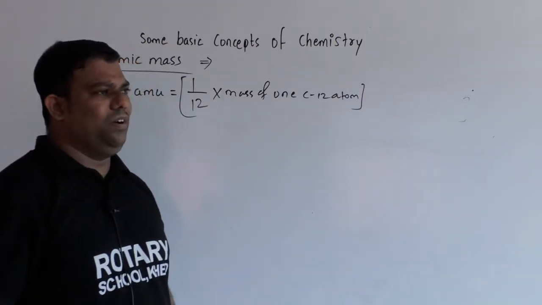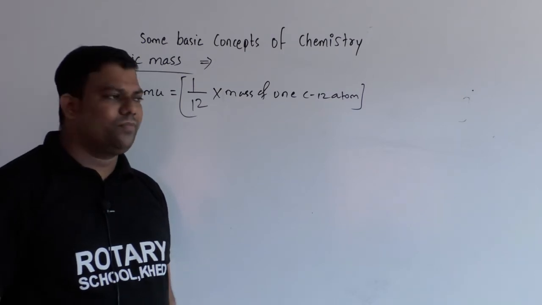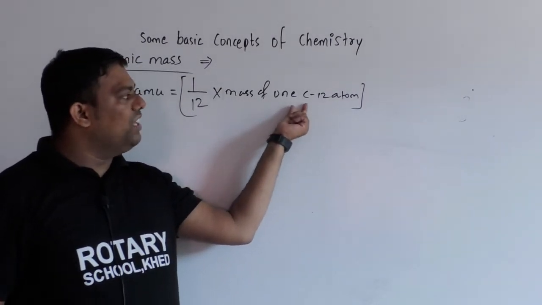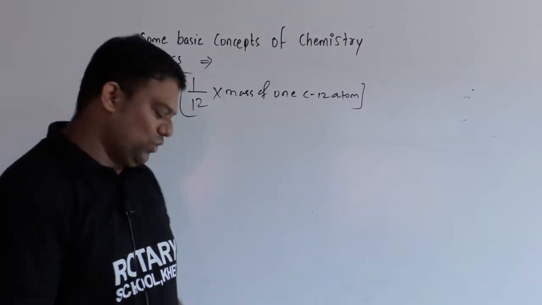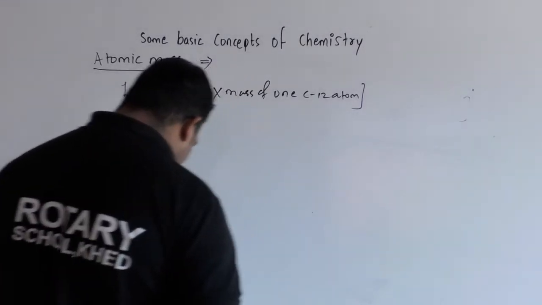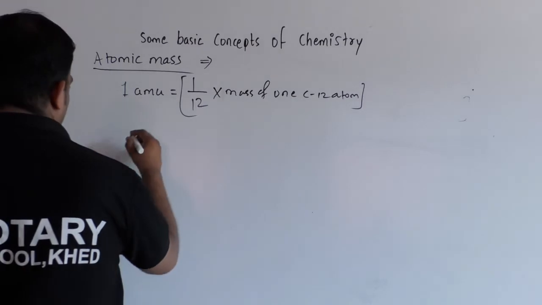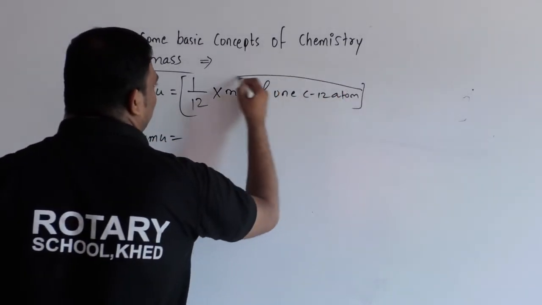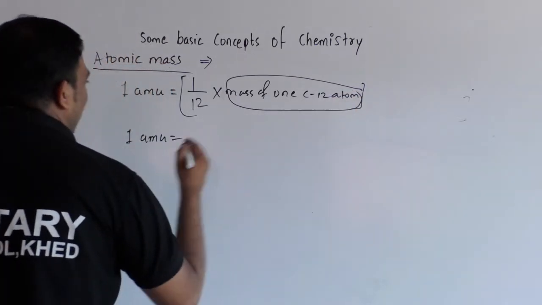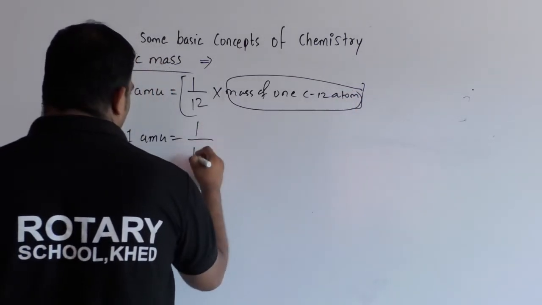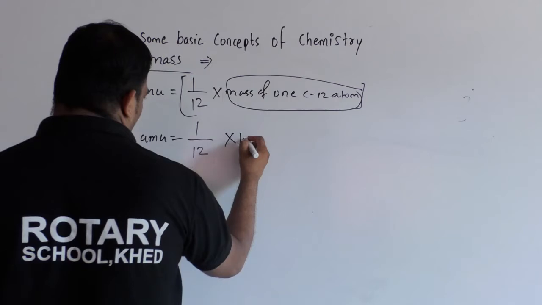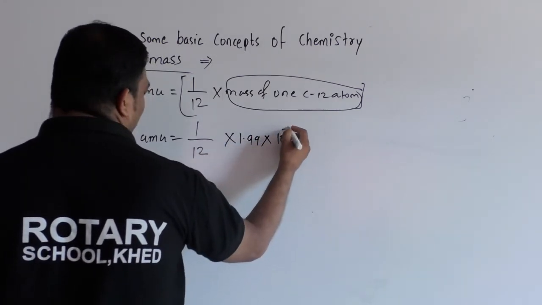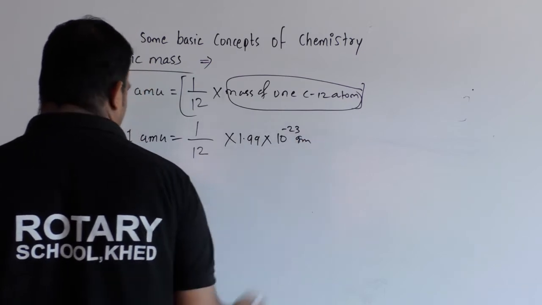With the help of a spectrophotometer, we got a value of this mass of 1 C12 atom. So see here, and you will get 1 AMU like this. We got this much only, the mass of 1 C12 atom. So how much? 1/12 into 1.99 into 10 raised to minus 23 gram.